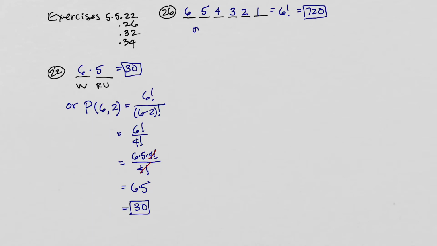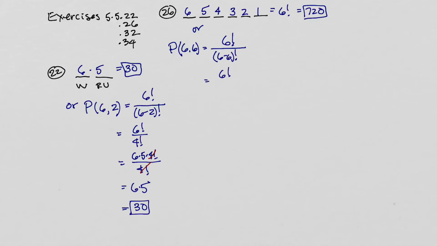Or we can think of it this way. How many ways can we arrange, permutation, 6 people if we take all 6 at a time? By our formula, we're going to have 6 factorial, the total number of people, divided by the total minus the number we use, so 6 minus 6 factorial.